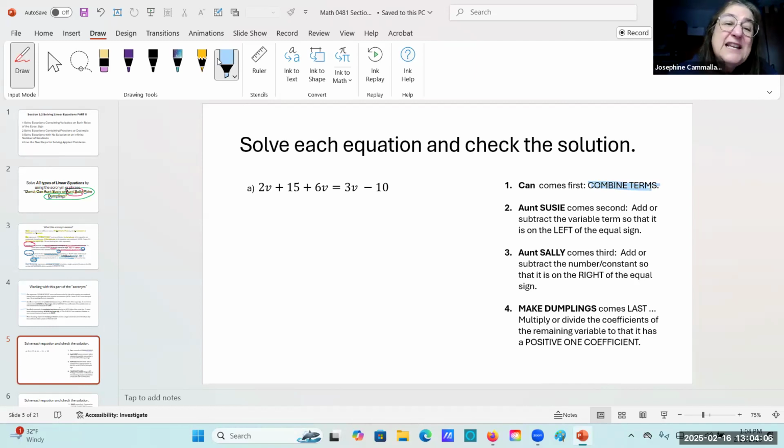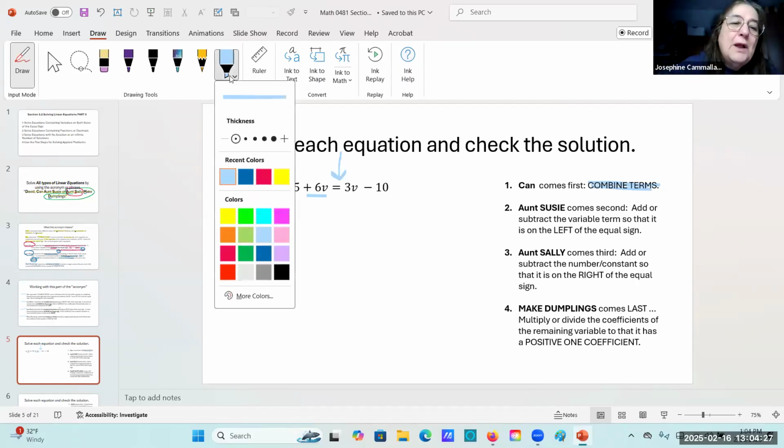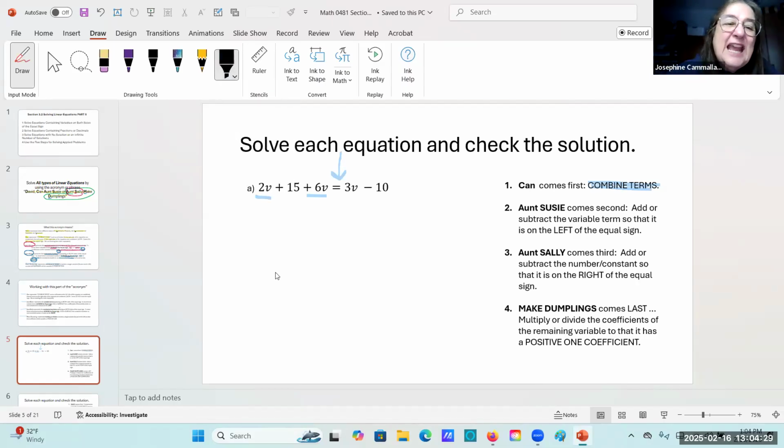What that means is I'm going to go to the equal sign, and notice I have 2 variables on the left of the equal sign. I am combining them. I'm not touching the 3v on the right. I'm just combining them.